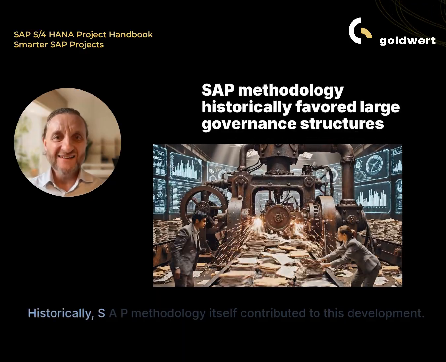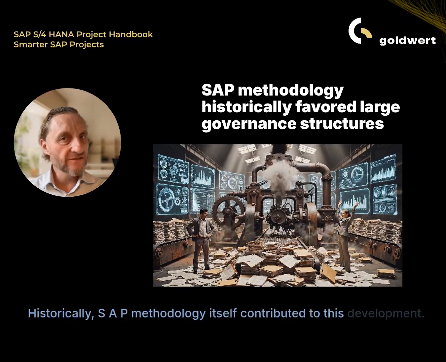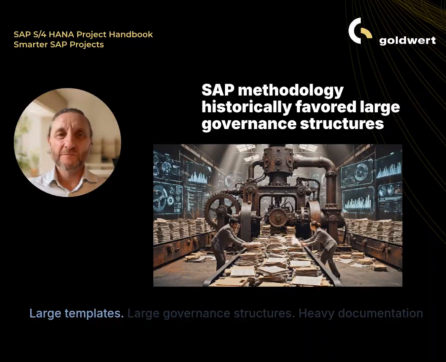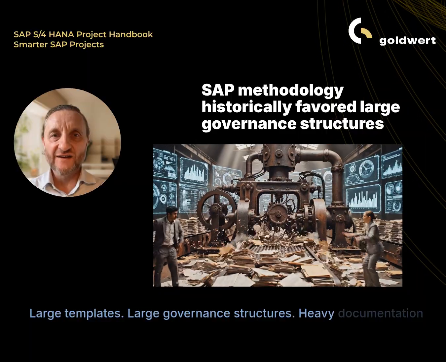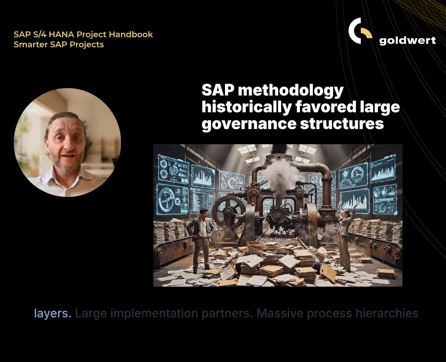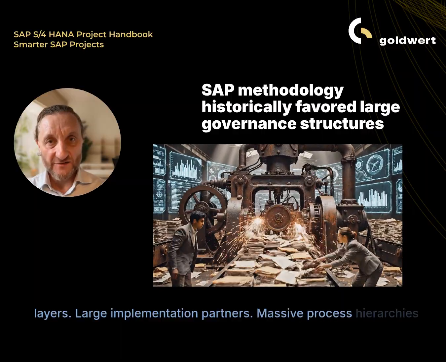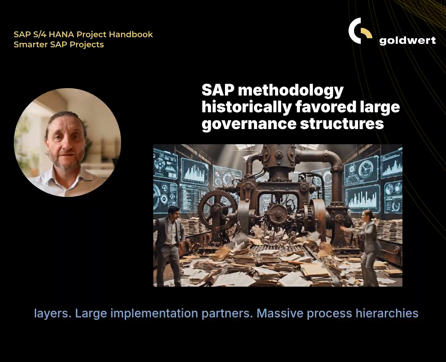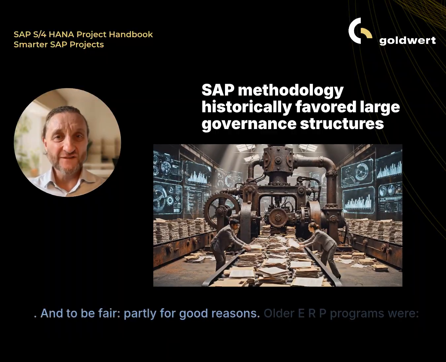Historically, SAP methodology itself contributed to this development. Large templates, large governance structures, heavy documentation layers, large implementation partners, massive process hierarchies. And to be fair, partly for good reasons.